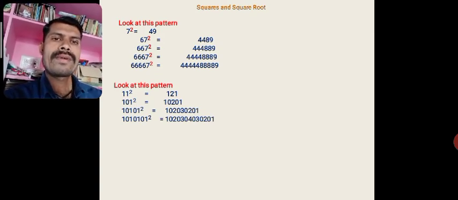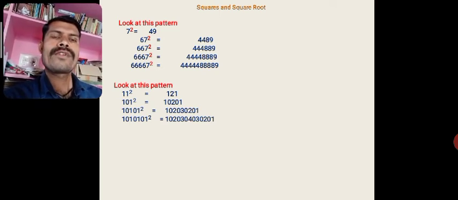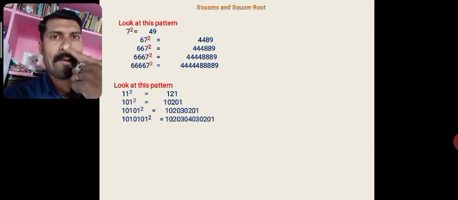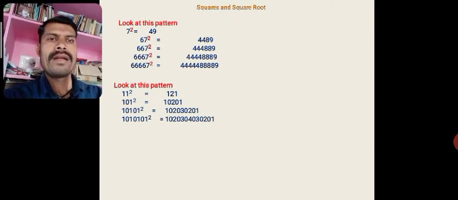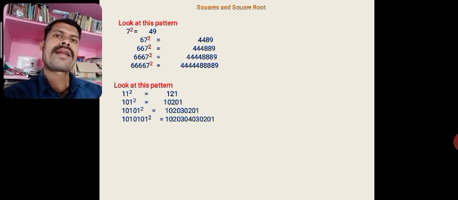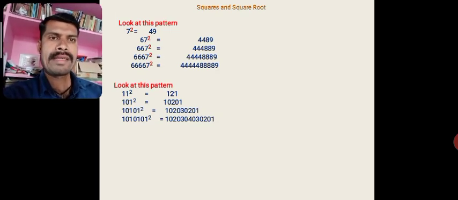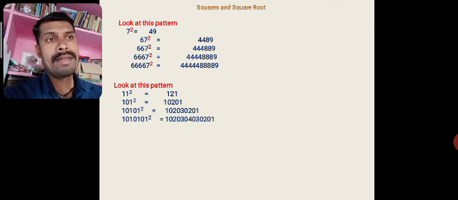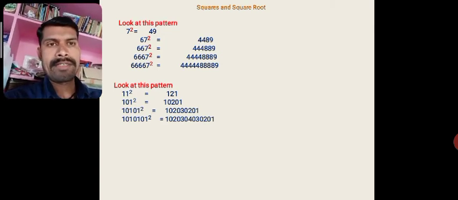Is it? It is 1010101 square, that is 1020304030201. So if we continue like this, we will get some more patterns. These are all again perfect square numbers, bigger perfect square numbers.